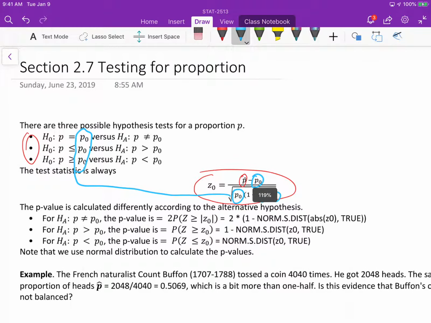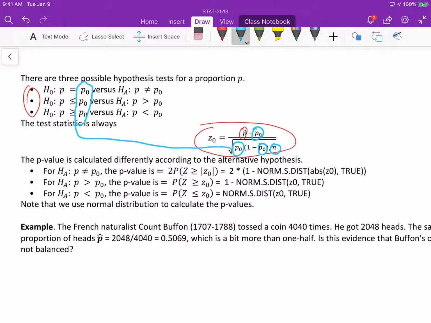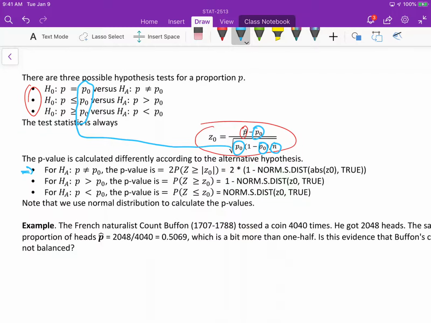After we get the test statistic, we need to calculate the p-value. According to what alternative hypothesis you have, we use different ways to calculate the p-value. For example, if your alternative hypothesis is two-sided, then you will have 2 here, and you have the absolute value.